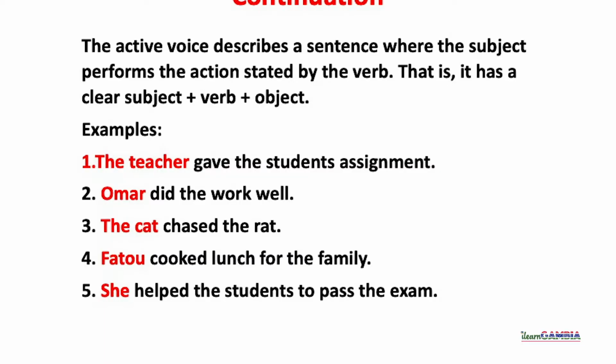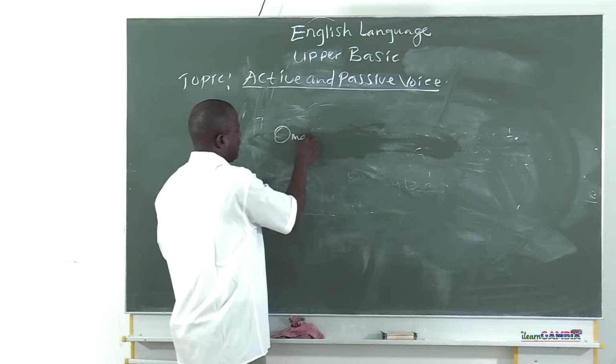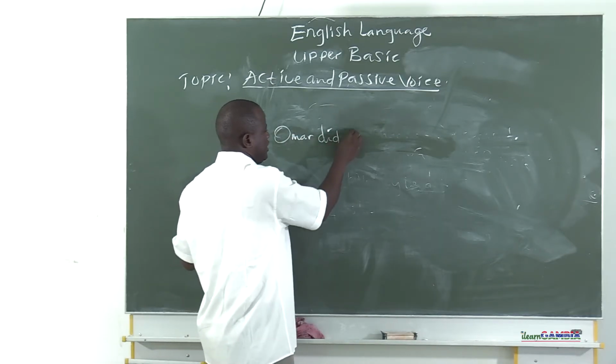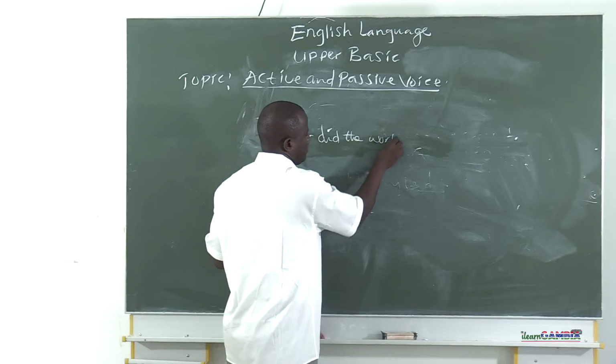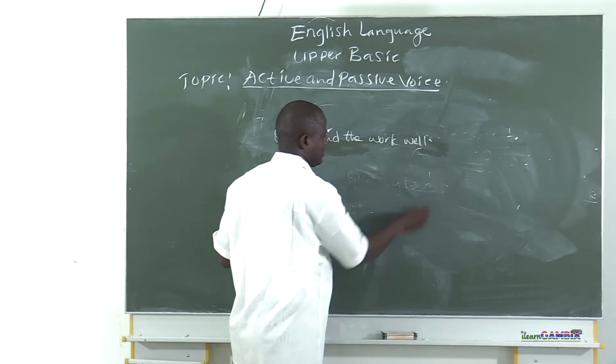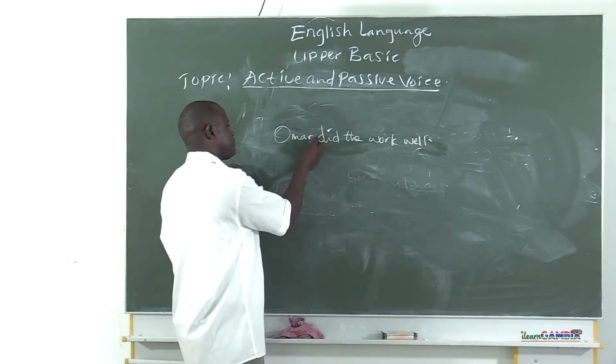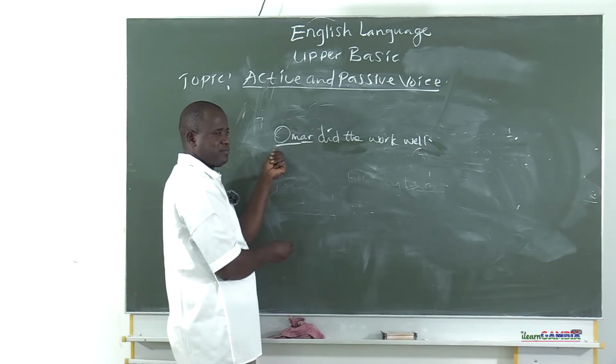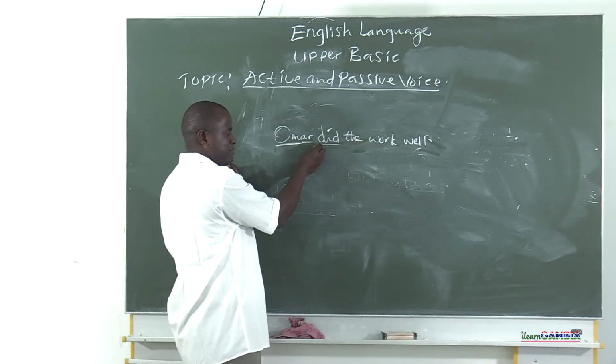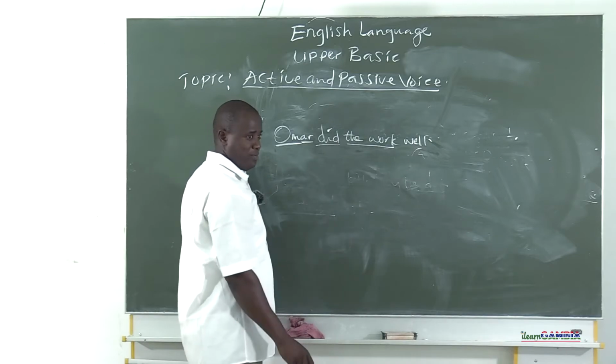So we move on to the other example. Omar did the work well. We get it? Omar did the work well. Okay, here Omar is our subject. Did is our verb, and the work is the object.